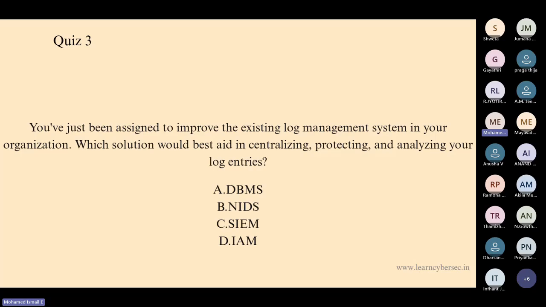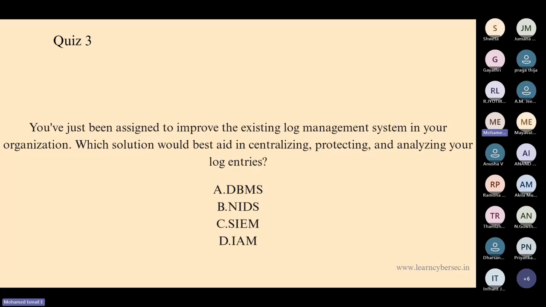All right, straightforward question and straightforward answer. We didn't talk about DBMS, NIDS, or IAM. We only talked about SIEM. So SIEM is the answer. If you look at the question: centralizing, protecting, analyzing your organization's log entries. Centralizing: you may have business in India, America, or Europe.